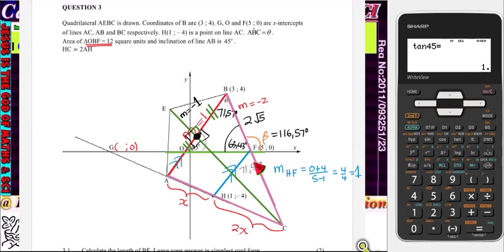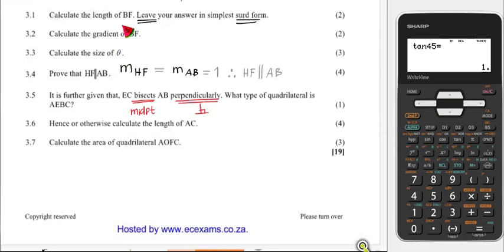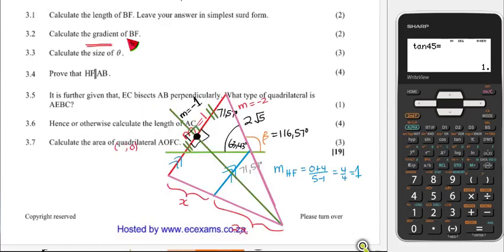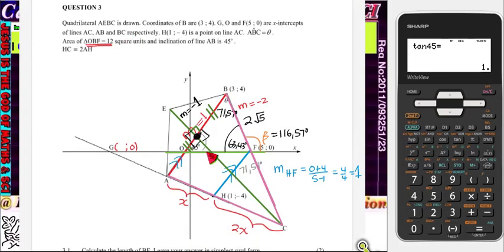Here's the question. Remember that 2 root 5? It was for BF, I think, if I'm not mistaken. It was the first one. This was BF. Can you see that? Good. Now, since this line here, the blue, is parallel to the red, that means also here it's 90, isn't it?